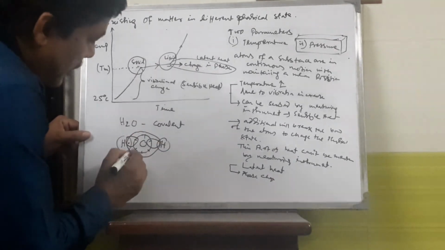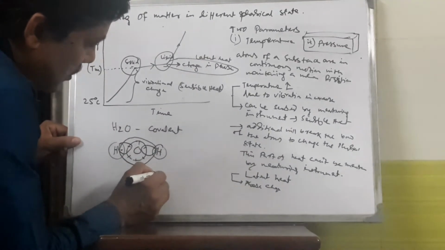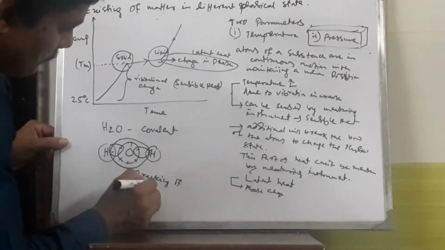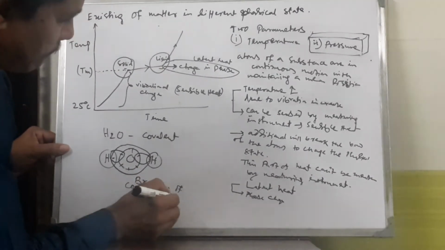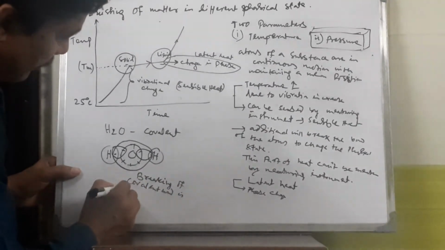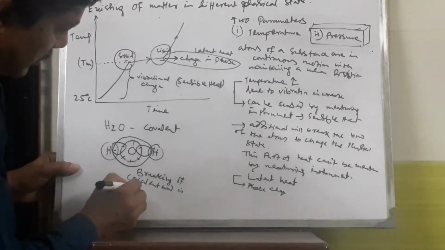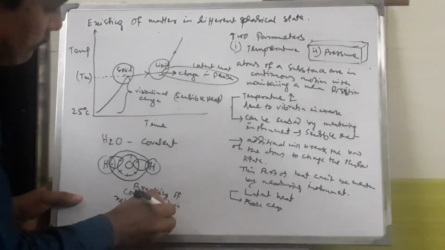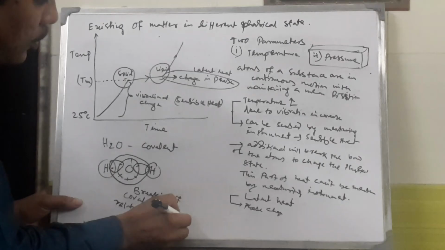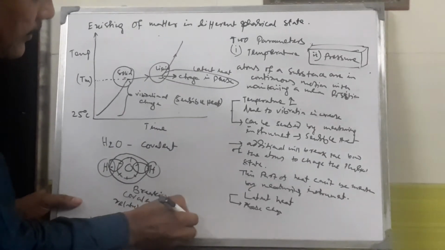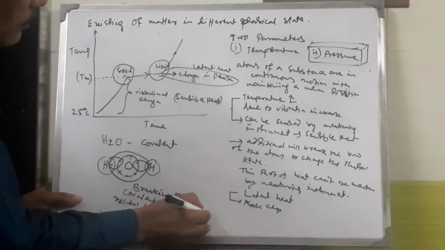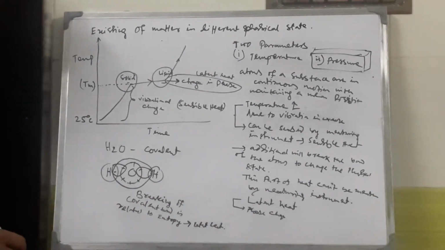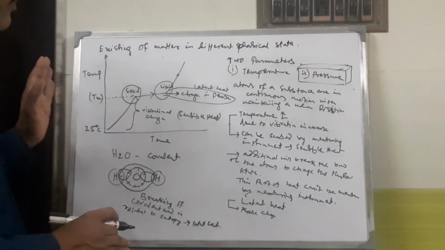So the breaking of covalent bonds is related to entropy, latent heat, which is not measurable by temperature difference. So this is the melting.